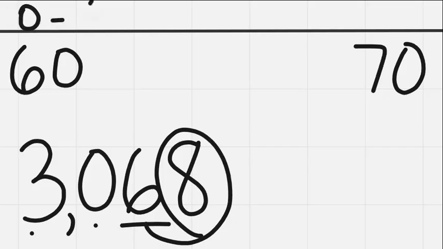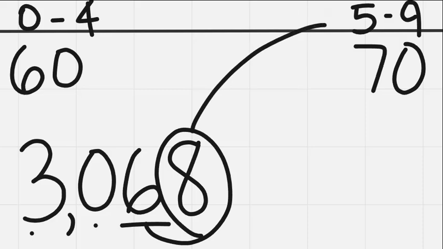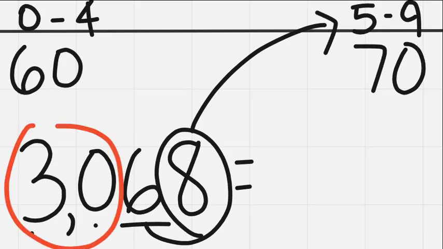0 to 4 will go down. 5 to 9 will go up. 8 is the number that tells us how to round. 8 is going to tell 68 to round to 70. So when we write the number it rounds to, we will copy these two numbers first.